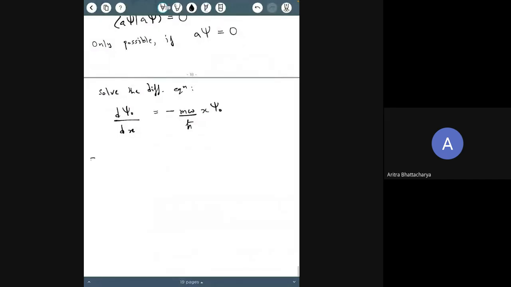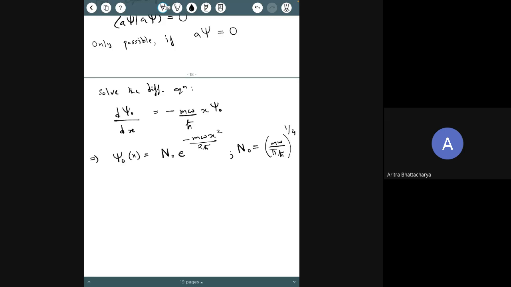And the solution is psi 0 of x is equal to some normalization constant multiplied by e to the power minus m omega x squared by 2 h cross. I'm just writing it directly here. You can verify it. And N0 is equal to (m omega by pi h cross) to the power 1/4.